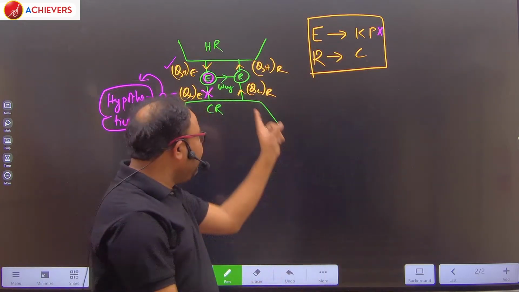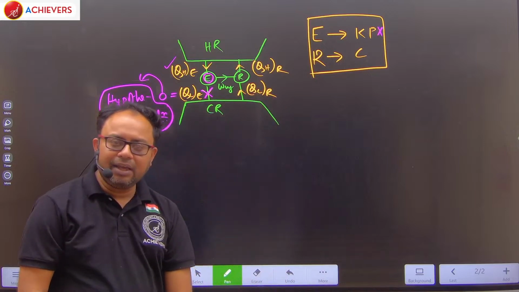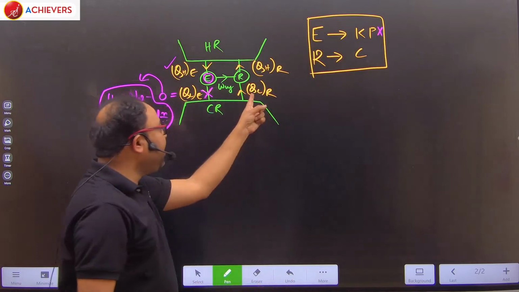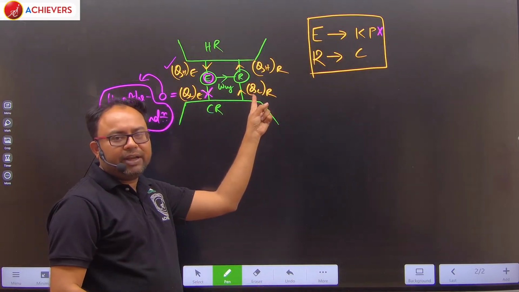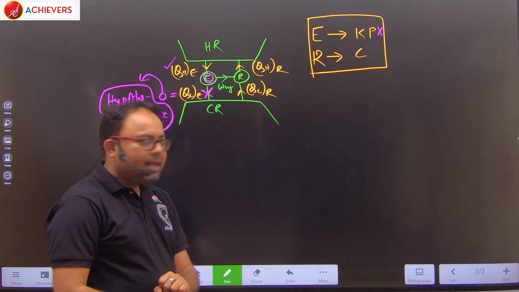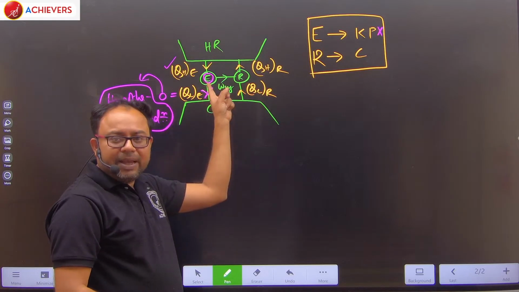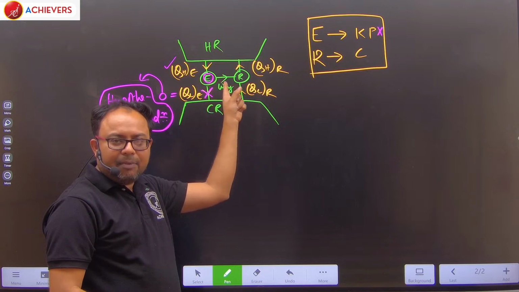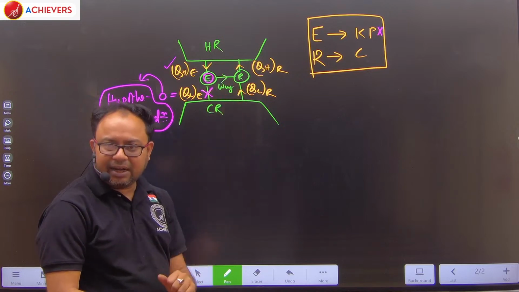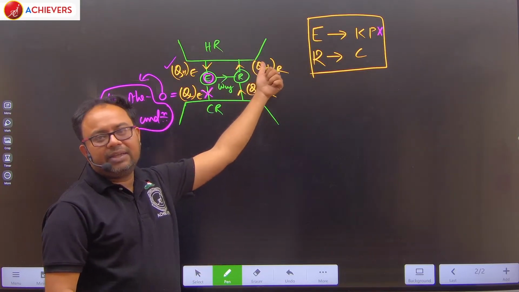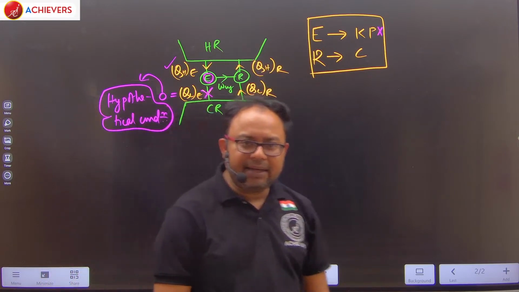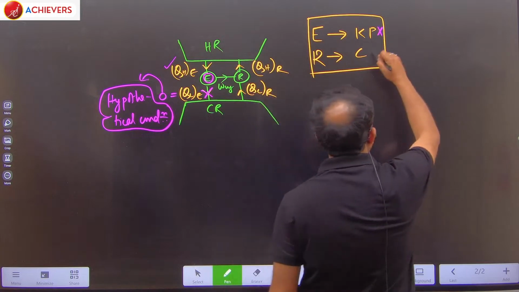But if you ponder into the refrigerator, what do you see? It is withdrawing QCR amount of heat from the cold reservoir, and it is being supported by some external agency. Thereby W cyclic amount of work is being done on the refrigerator, and it is transferring QHR amount of heat to the hot reservoir. So it is completely abiding by the Clausius statement.